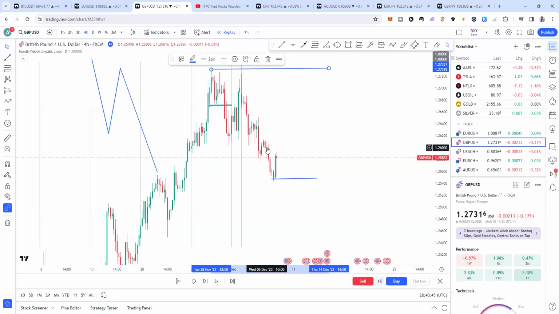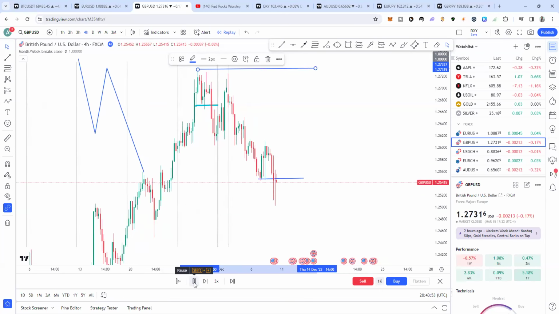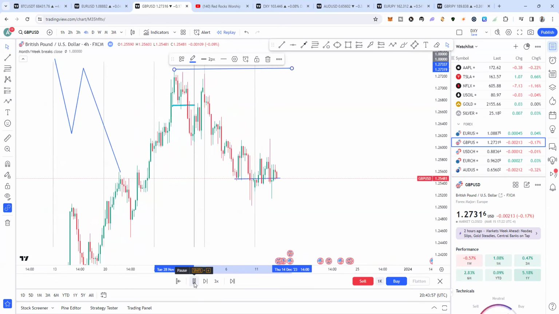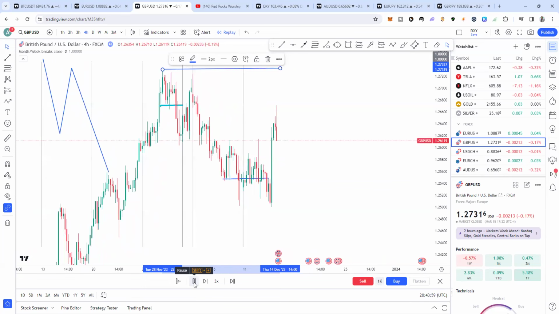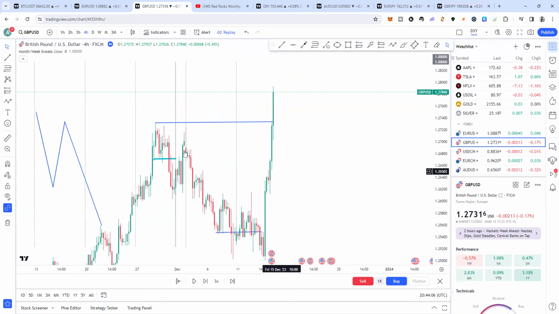So now we are anticipating that price will move to the upside, right? So let's see what happens. You see that price went all the way back, although this resistance was violated.